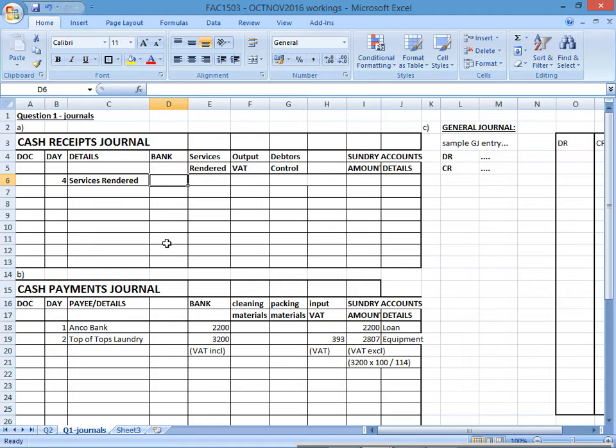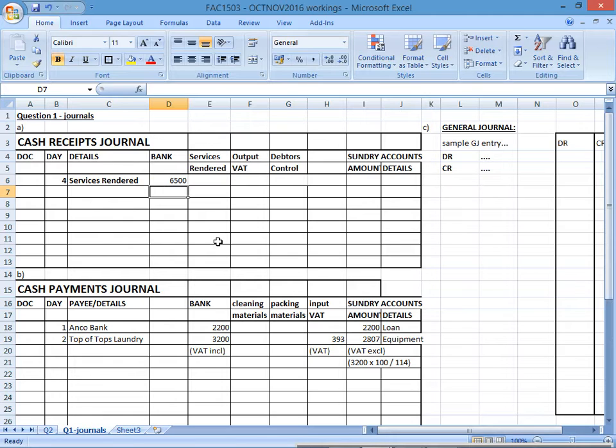6.5. Would there be VAT on this transaction? Of course there will. You're providing a service. So SARS is going to want you to collect 14% on that service. So where am I going to put the total? Well, do I collect the full amount? Yes. I'm going to collect 6,500 from the customer.